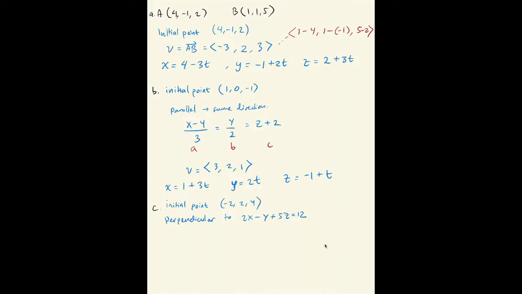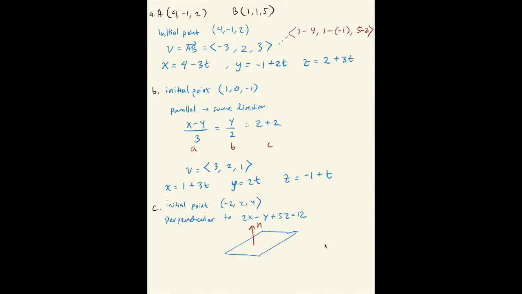But at least you should have a good visualization or illustration to understand the questions. For example, you have an initial point and you need to have a line through that initial point and perpendicular to this plane. What perpendicular means is if you have a plane like this, you always have this normal vector, right? And you can say the normal vector is always perpendicular to the plane.